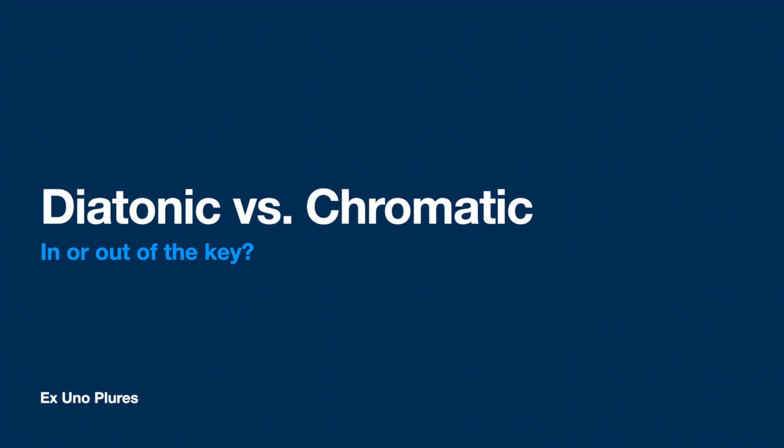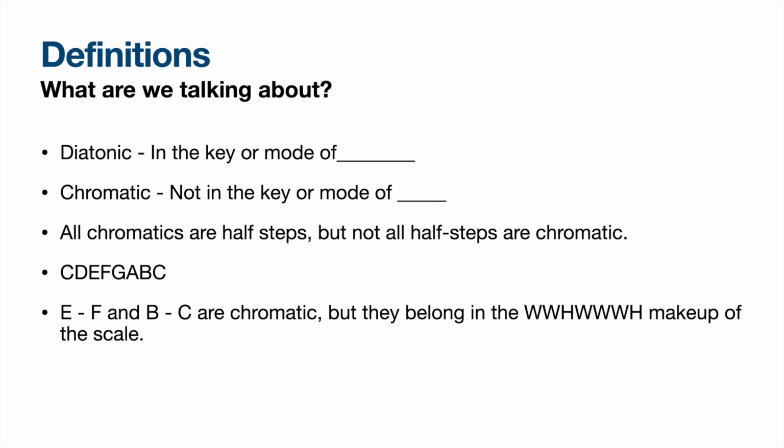If you are a beginning theory student, I will tell you when you can jump off, because it's going to get in the weeds. So hold on. When we're talking about scales and diatonic versus chromatic, we could say diatonic is in the key or mode of, and chromatic is something that is not in that key.